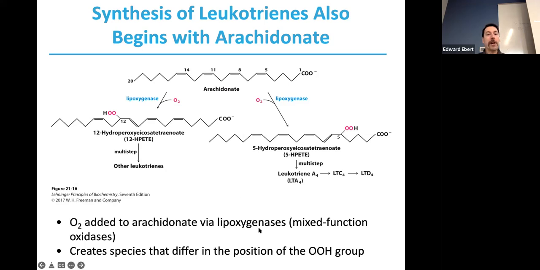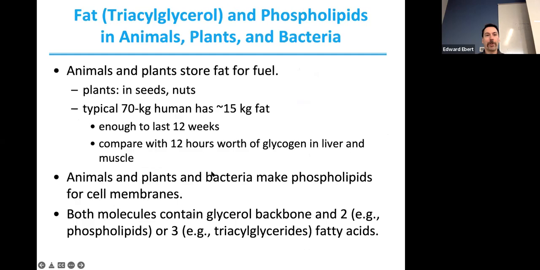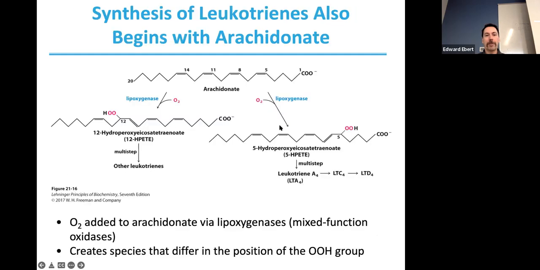So these lipoxygenases are mixed function oxidases. We're basically adding peroxides. We're adding oxygen directly to the arachidonic acid, and we can make a series of leukotrienes. We're not going to go into what all they do, but these are, again, critical. And just like our prostaglandins, these are critically important in here. So it all stems from arachidonic acid.